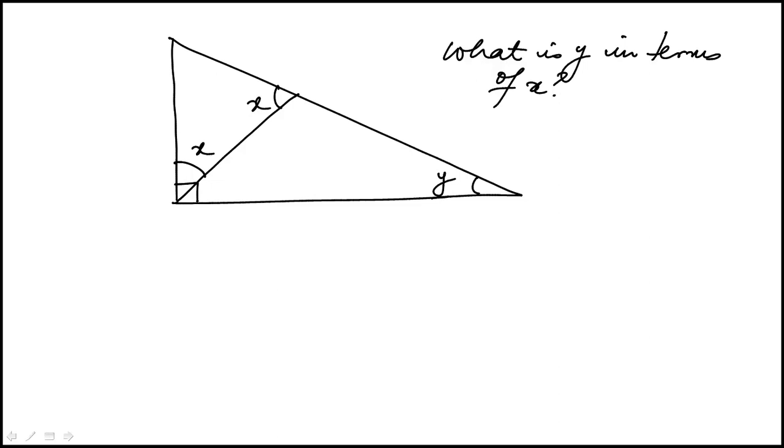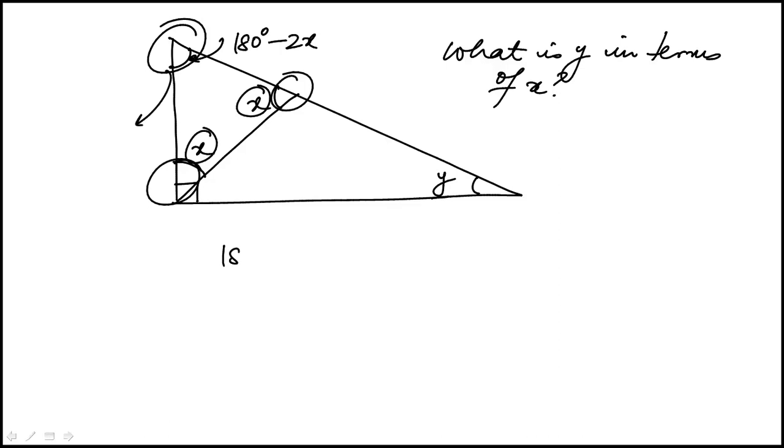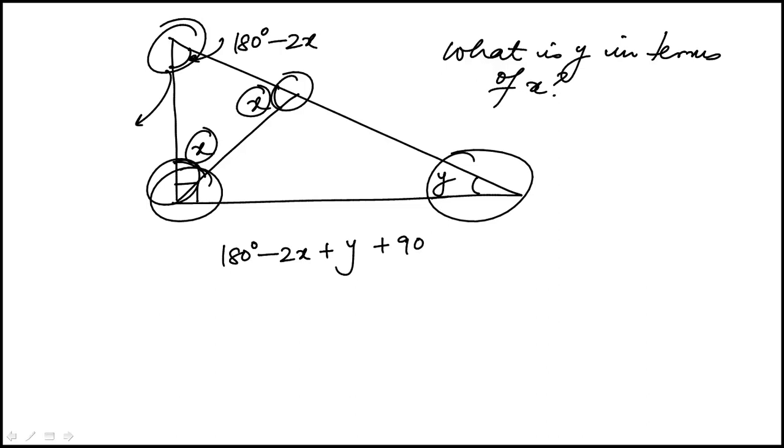So we'll start with the algebra here. So we know this is x, which means that this angle would be 180 minus 2x. I'm subtracting two of these because these three have to add up to 180. So that angle is 180 minus 2x, and then I add it to y, and then I add it to 90, and this has to equal 180.